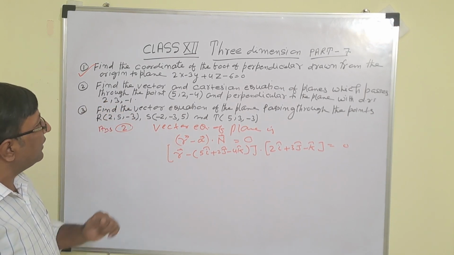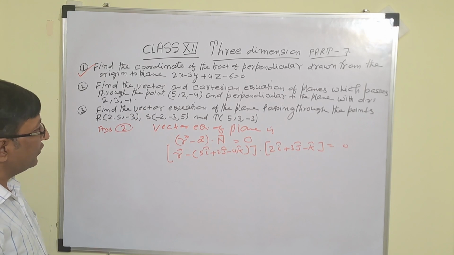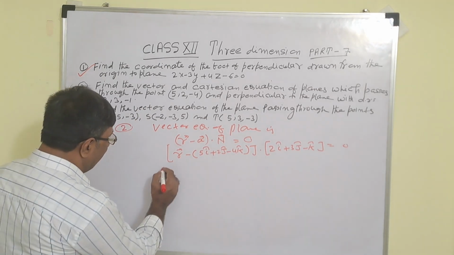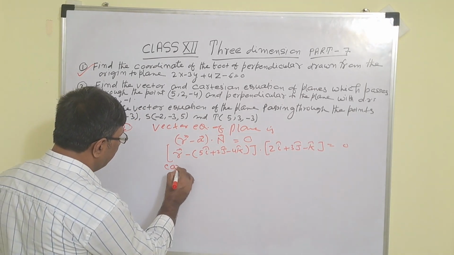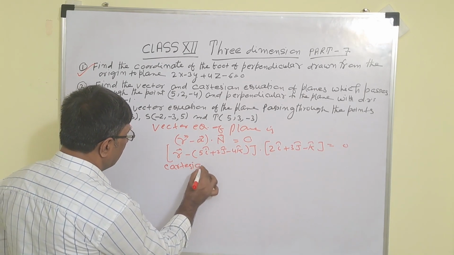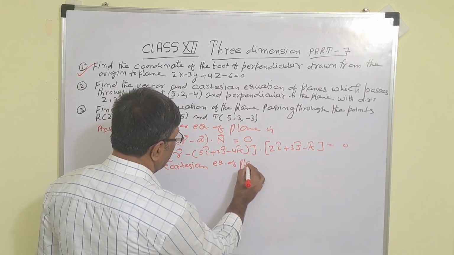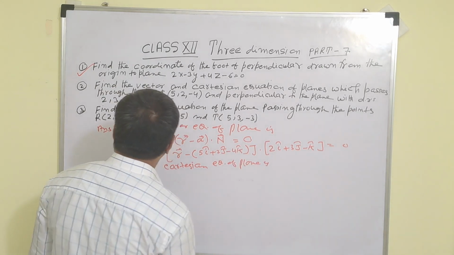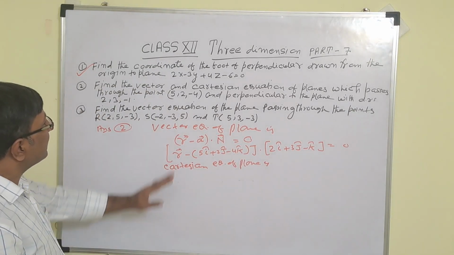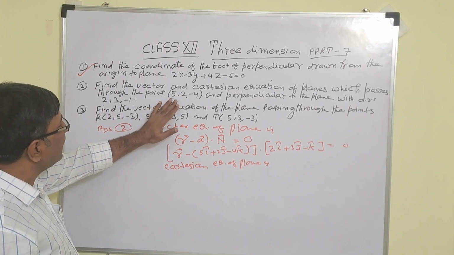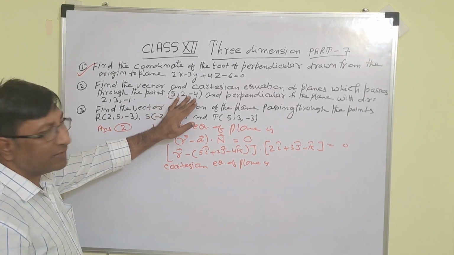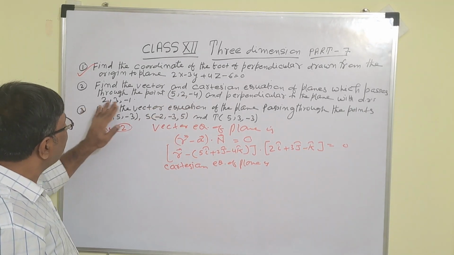Now we have to find the Cartesian equation of the plane. So you see, the Cartesian equation of the plane is what? The point is given, that is x1, y1, z1, and here the direction ratios are given.